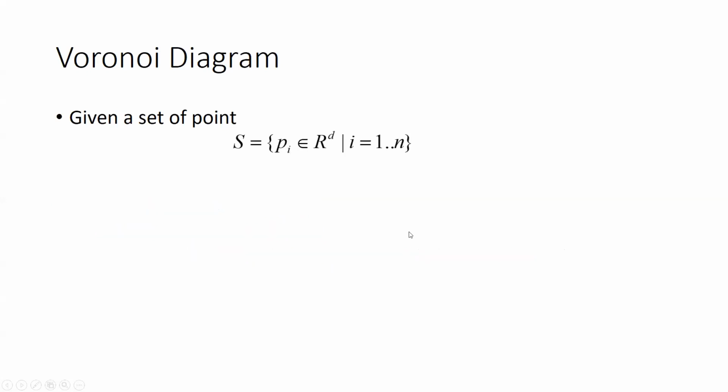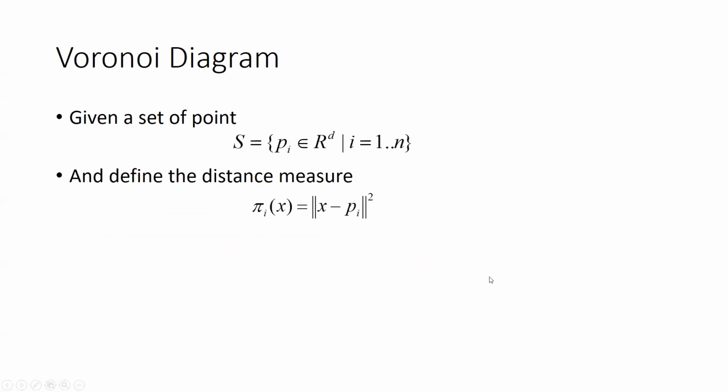If it's like that, I can define the distance measure. For any point X in the space, this is the distance between that point and Pi, where each Pi is one point in this point set.